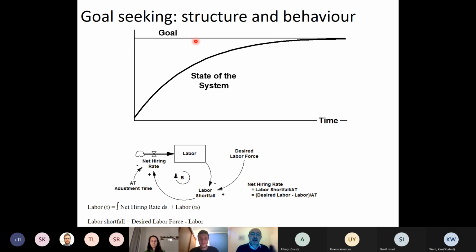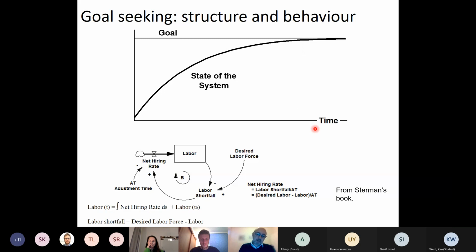And it's a balancing feedback process, because you see that the labor shortfall makes a higher rate that increases the accumulation, but this accumulation, when compared to the goal, tends to decrease the action in the system. And that action tends to decrease until the system is stable.